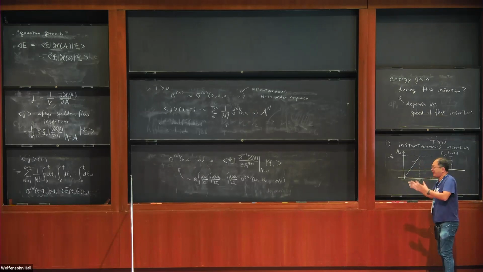So if you are afraid, you can forget about the states deep inside the Fermi sea and just count the newly occupied quasi-particle states and the new quasi-hole states, and the result is the same.